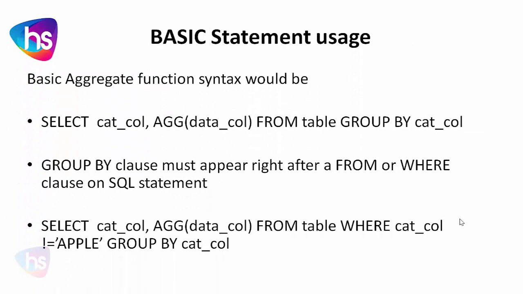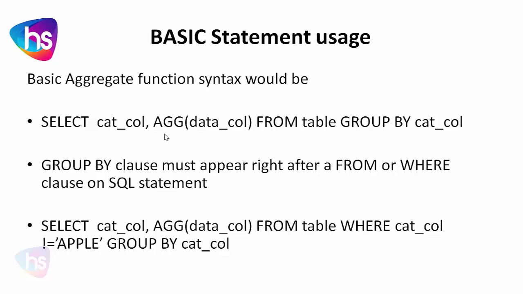Now the basic aggregate function syntax is SELECT column names. We can choose the column names, and AGG means the aggregate function name that we have to specify, like SUM, AVG, MIN, MAX, COUNT.